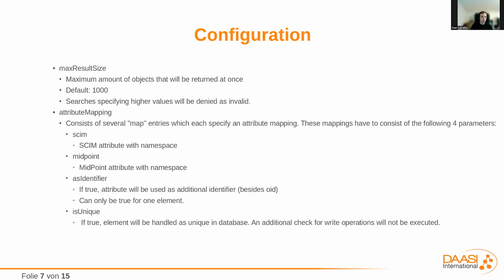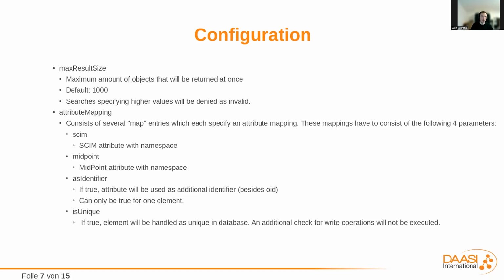So you basically should use paging, and you should not request too many objects at once in order to have a performant behavior. So that's why we implemented a feature called max result size, where we limit the maximum amount of objects you can retrieve at once. You can adjust that if you want. The default is 1,000.